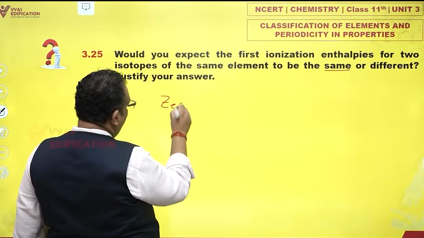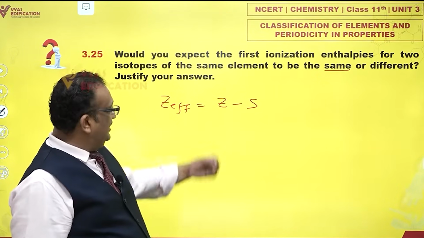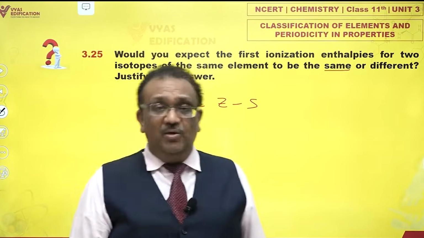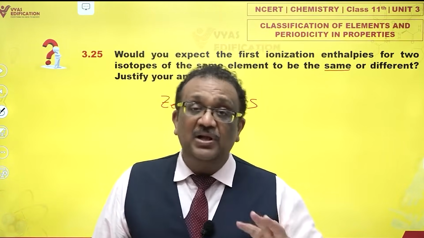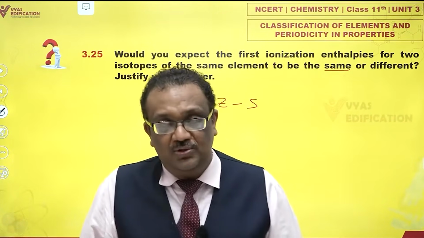So, we need to see Z effective, which is Z minus S. Z is the actual number of protons in the nucleus and S is the so-called screening constant, which reflects the repulsion by the inner electrons which are trying to push the outermost electron out.